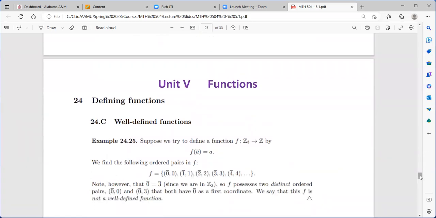Well, let's look at one more example of functions or relations between congruence classes. So if you try to define a function f by the rule from Z3 to Z by f of a bar equals a, does that give you a function?